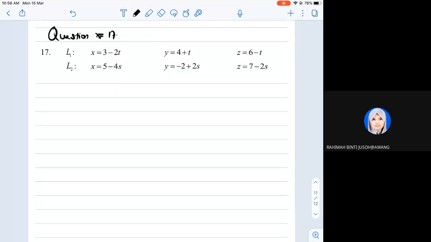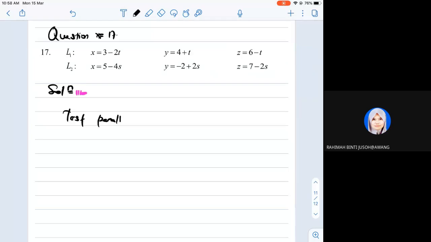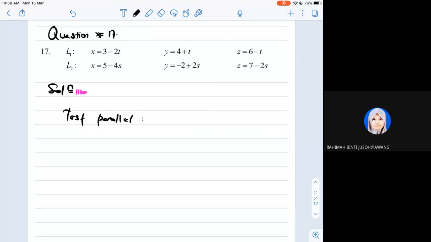Okay, we have the first line. The question wants us to test whether the lines are parallel, skew or intersect. First you need to test whether the two lines are parallel. Solution. When testing parallel, we need to find the parallel vector for the first line.